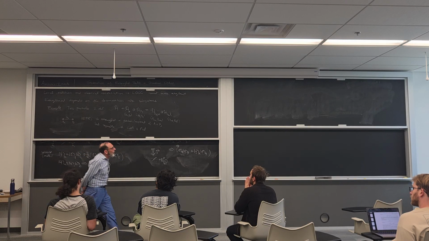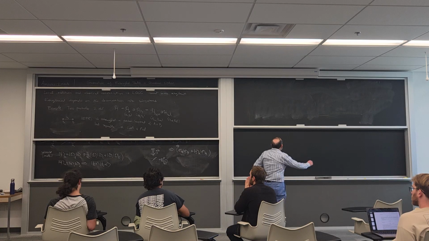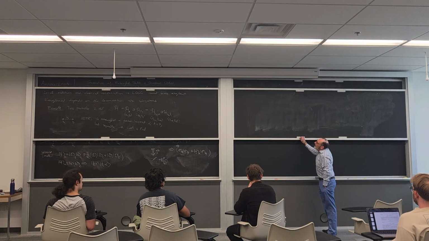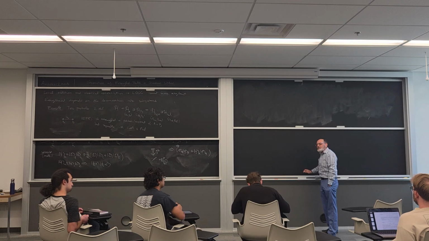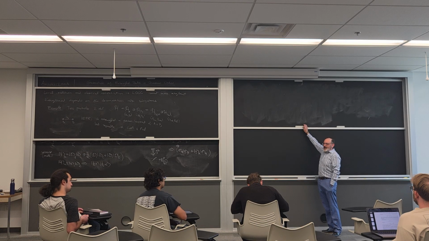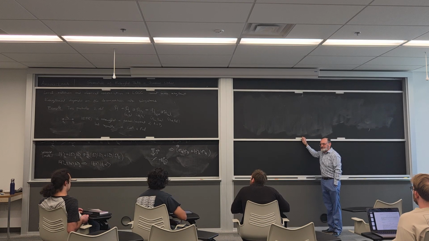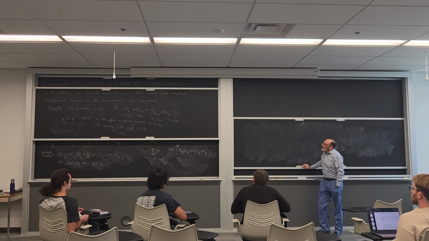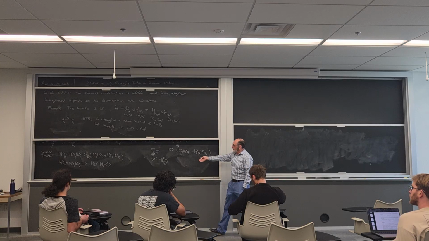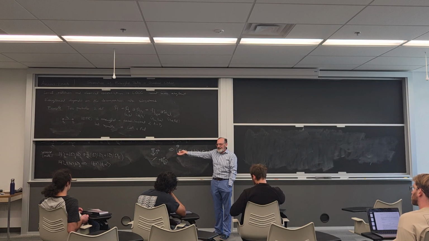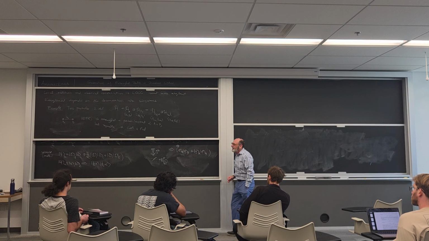Okay, so is the beam splitter interaction a separable or entangling interaction? Well, it's got to be entangling in some way because we were able to make this entangled state this way.